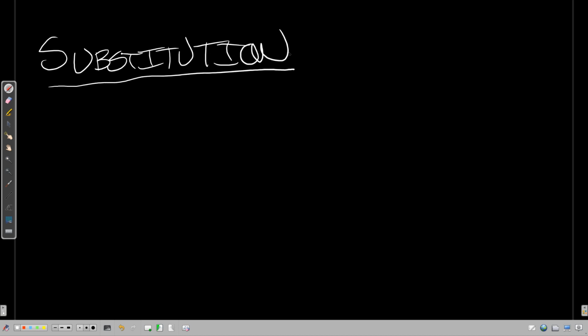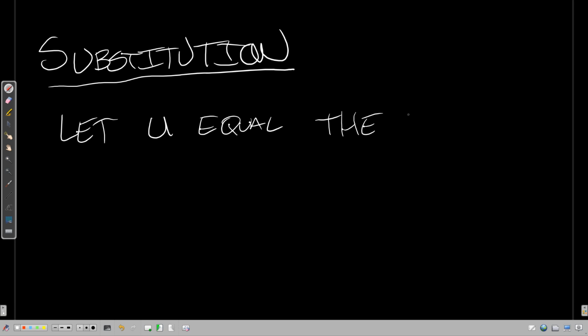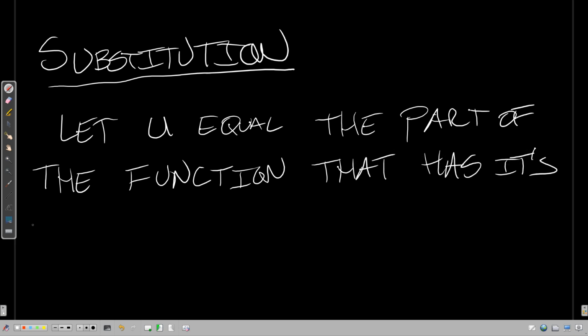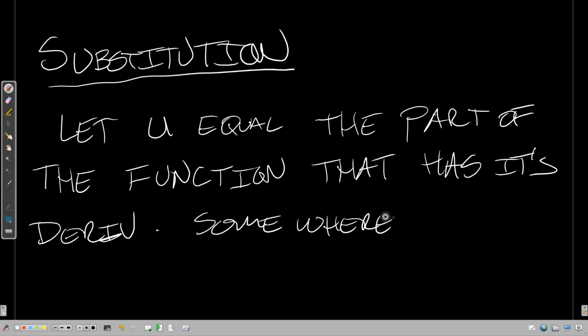When you want to do substitutions, you need to let u, I'm going to say this very informally, let u equal the part of the function that has its derivative somewhere else in the function. What do we mean by that?